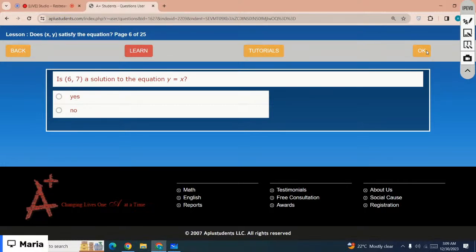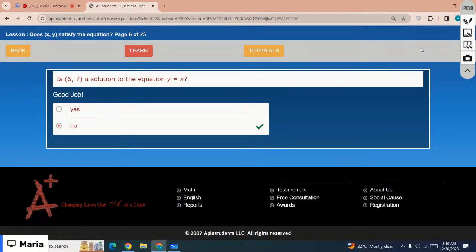Is (6, 7) a solution of the equation y equals x? Which is the correct option? The correct option is no, (6, 7) is not the solution of the equation.